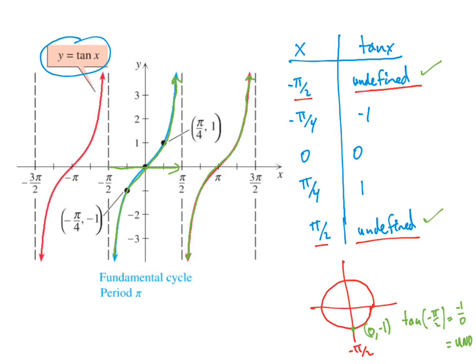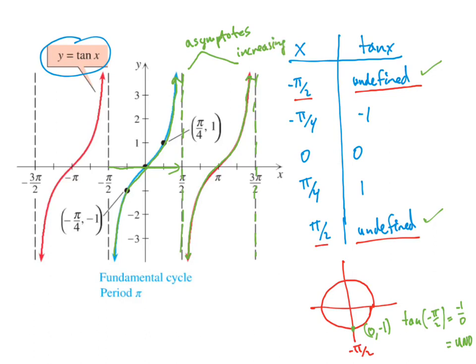And then the places that the function is undefined, that tells us where the asymptotes are. So the things to remember about the tangent function are we're undefined at these asymptotes. The graph is increasing.